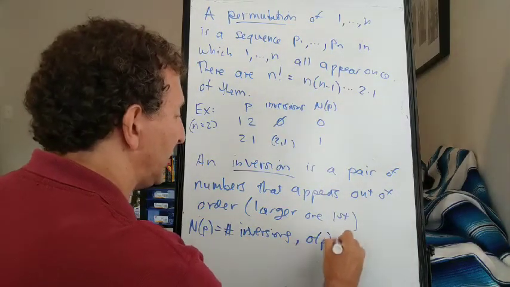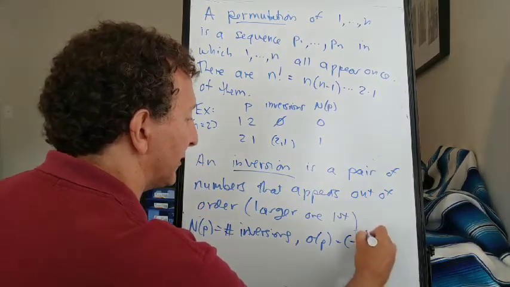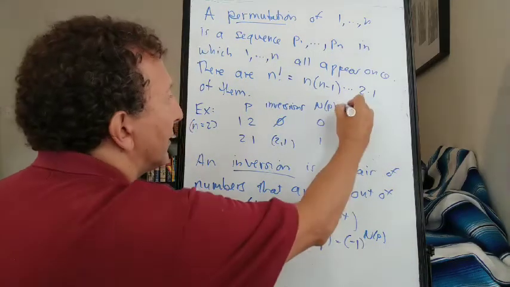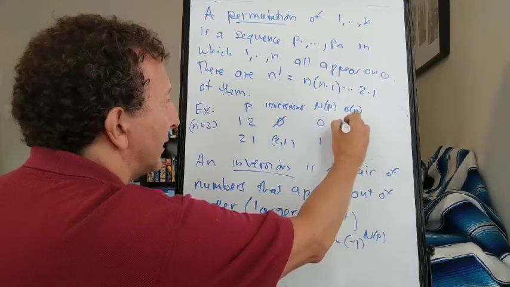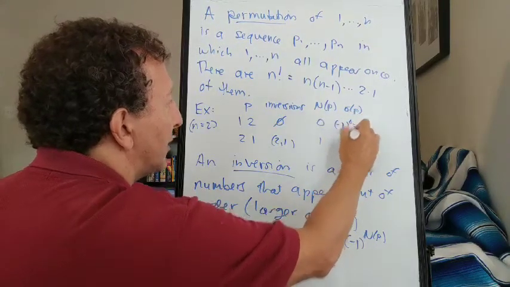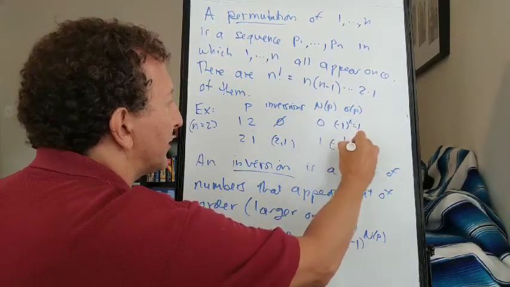Let's let sigma p be negative 1 to the number of inversions. So sigma p is negative 1 to the 0th, which is 1, and negative 1 to the first, which is negative 1.